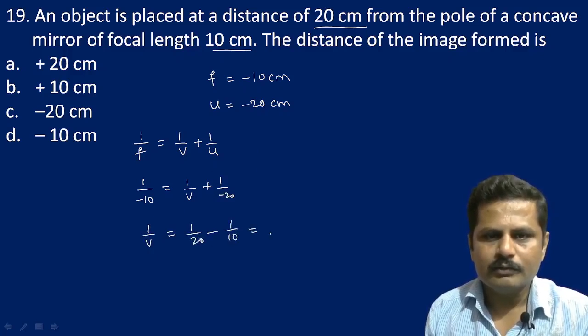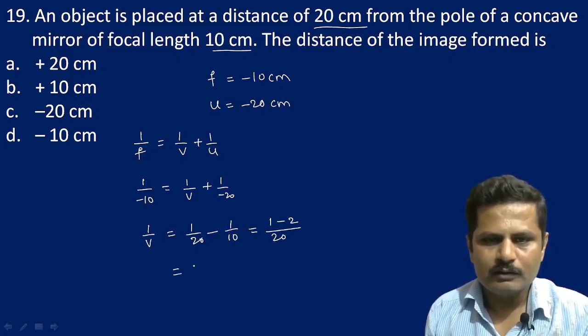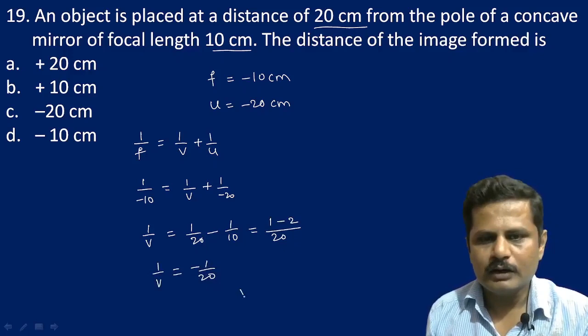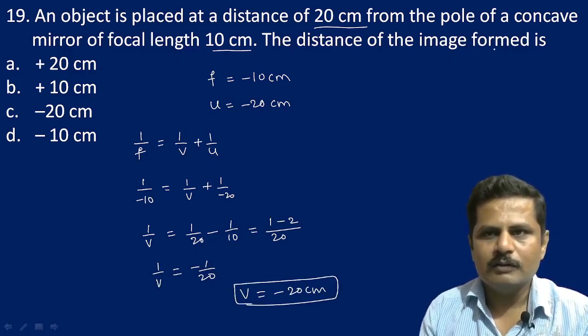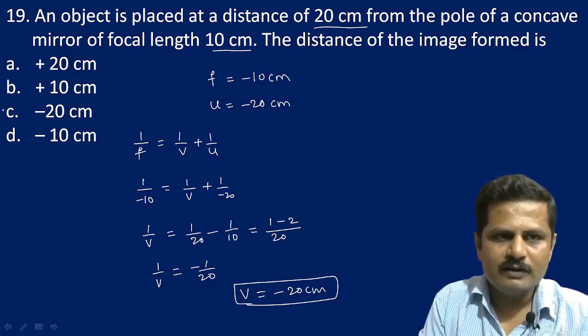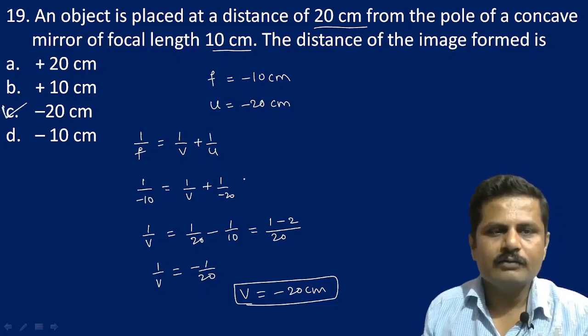This can be written as 1 minus 2 over 20, which is minus 1 by 20. So 1 by v equals minus 1 by 20, and we can write that v equals minus 20 centimeter. V, that is the image distance, is 20 centimeter on the same side of the mirror. So option C is the right answer.